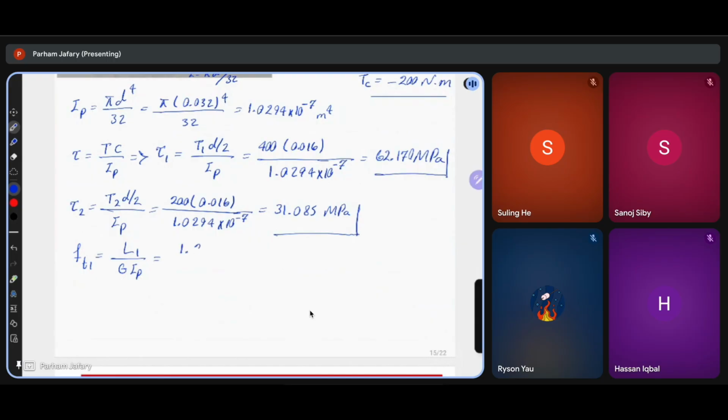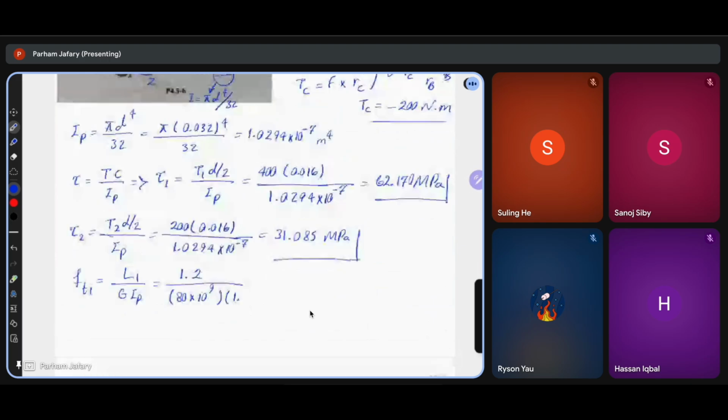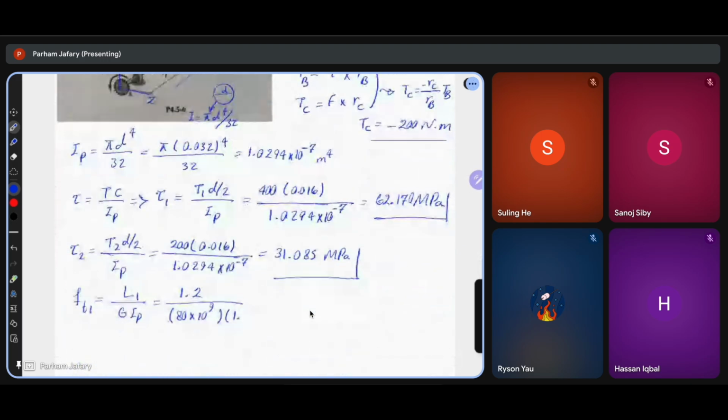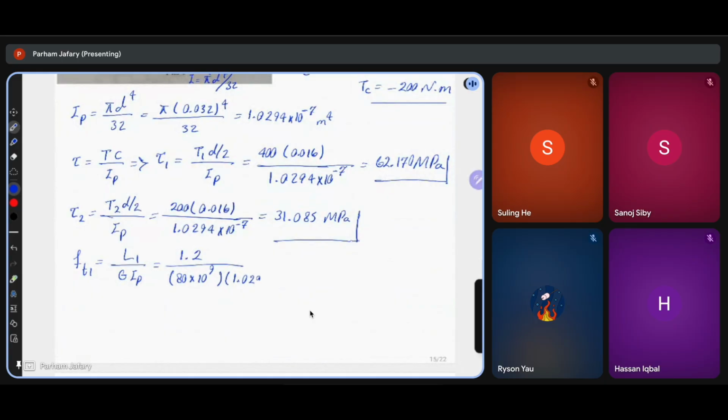For the first shaft, it will be 1.2 meters over 80 times 10 to the power of 9 times the polar moment of inertia, 1.0294 times 10 to the power of -7, which gives us 1.4571 times 10 to the power of -4.